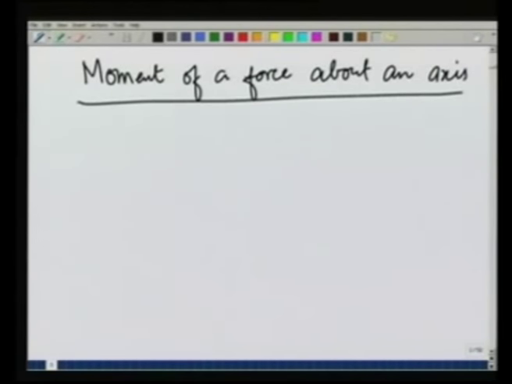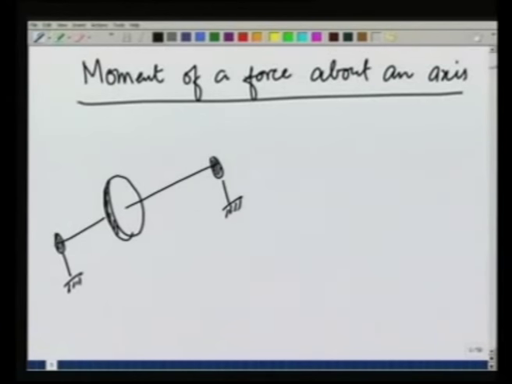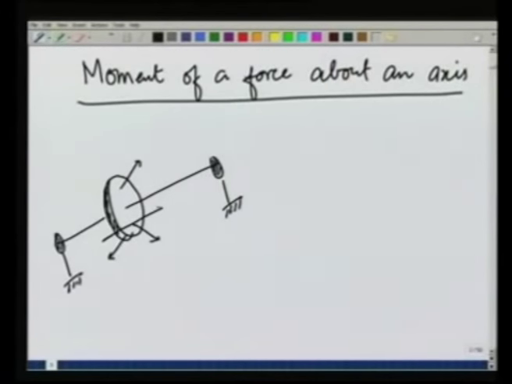Why this is important is, a lot of times, for example, you have situations where something is actually made to rotate about an axis, this axis of a rotating disc I may have fixed in ball bearings which are fixed in some place. In that case, no matter what force you apply on the disc, the only component that is responsible for its rotation is that in the plane of the disc.